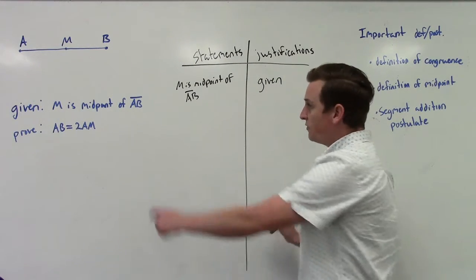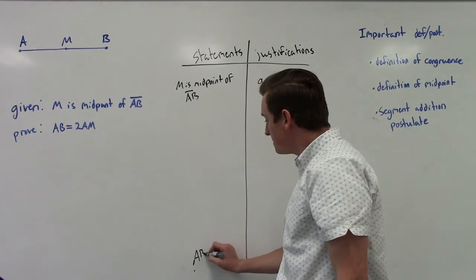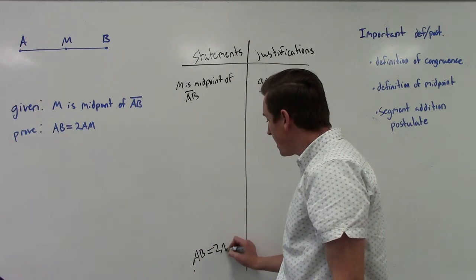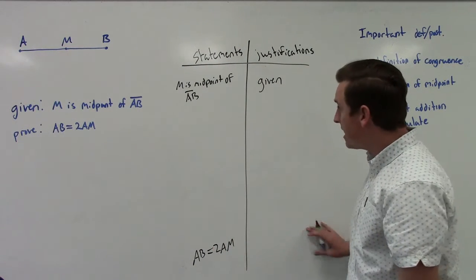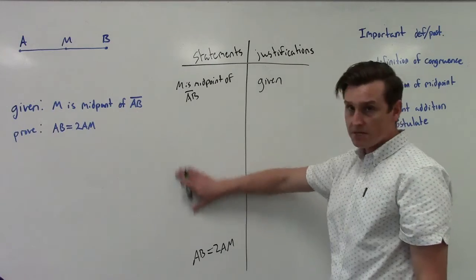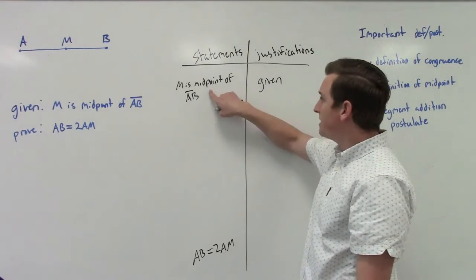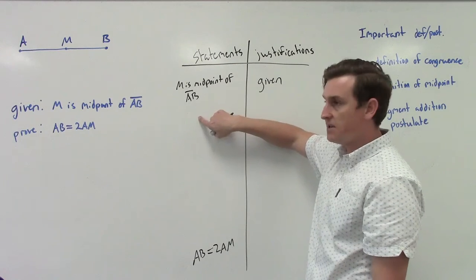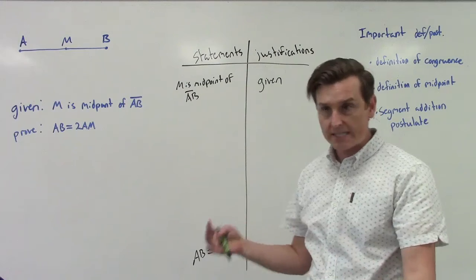Now we want to prove this guy. So our last statement should be AB equals 2AM. We don't know how we're going to get there yet, but we need to fill in the middle part here. How we know where to go is, what does this tell us? This has to tell us the next piece, and then we build from that piece on, and so on and so on. That's deductive reasoning.